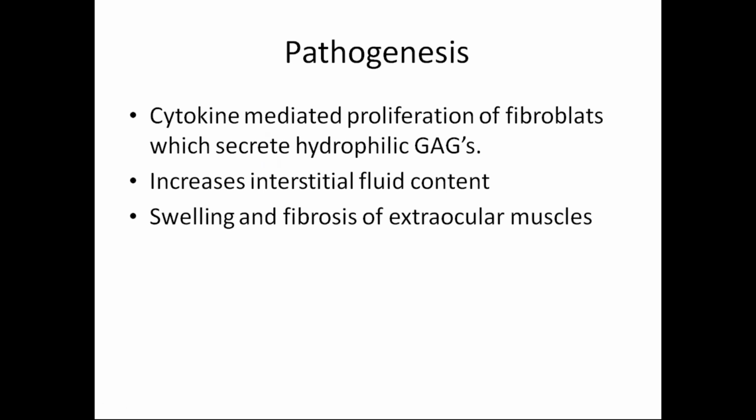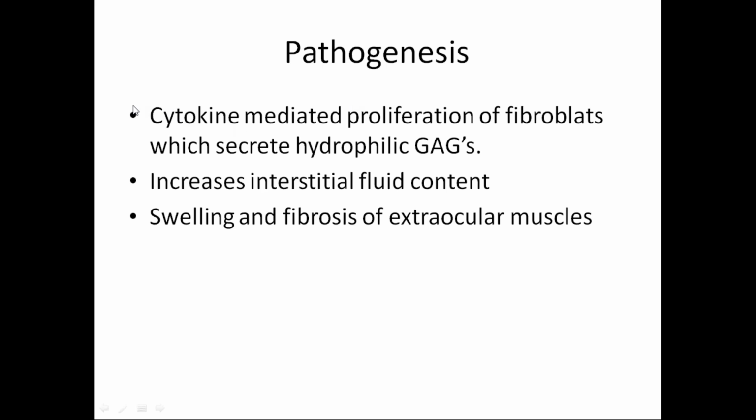So why does a thyroid gland dysfunction disease cause effects on the eye? It is because of the cytokine mediated proliferation of fibroblasts, which secrete hydrophilic glycosaminoglycans. There are similar receptors on the eye cells, which cause the TSH receptor TRAB antibodies to bind to the tissues of the eye.